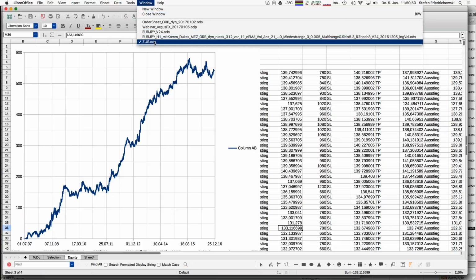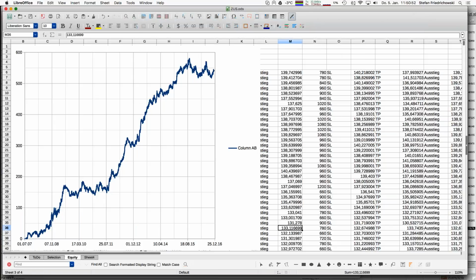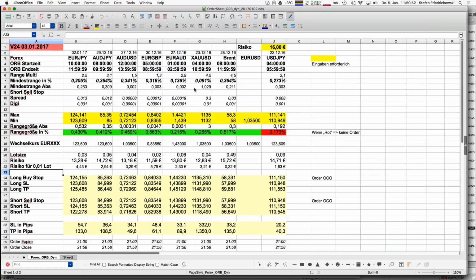What does it mean? Finally, this looks like this here. So I have my 8 underlyings, and I have different times for those breakouts. You see, for example, I have a breakout time for Australian dollar, Japanese yen between 8 and 10. For gold from 4 to 11.